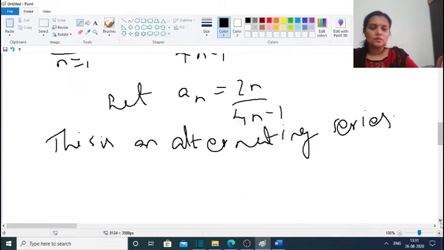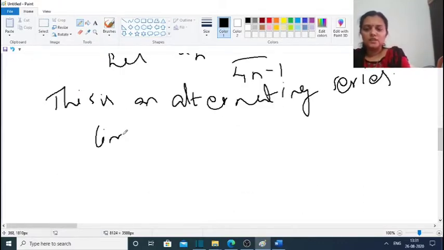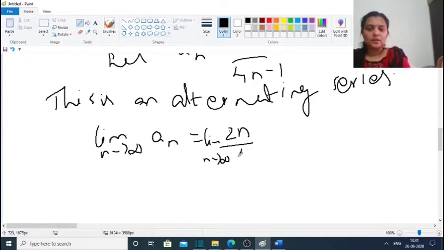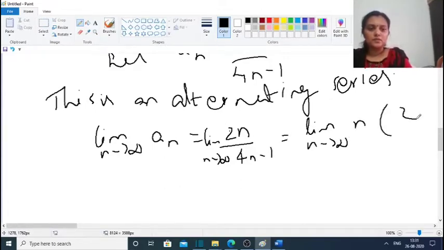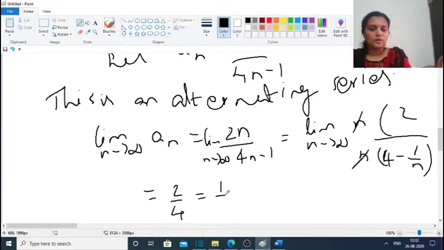So if we take limit n tends to infinity an is equal to limit n tends to infinity 2n by 4n minus 1, which is equal to limit n tends to infinity n we can take outside, then this will be 2. Here n we take 4 minus 1 by n, which is equal to limit 2 by 4, which is equal to 1 by 2, that is not equal to 0.